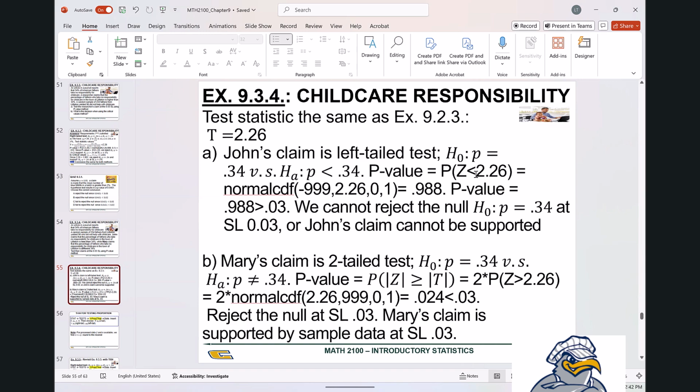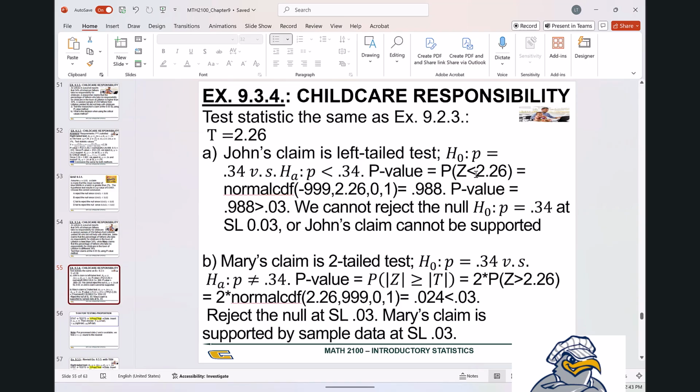And again, the equal sign doesn't matter for continuous data. So if you do normal CDF of 2.6, you get 0.995. Which means this p-value is bigger than 0.03, so you cannot reject the null. In order to reject a null, you need the p-value less than the significance level.